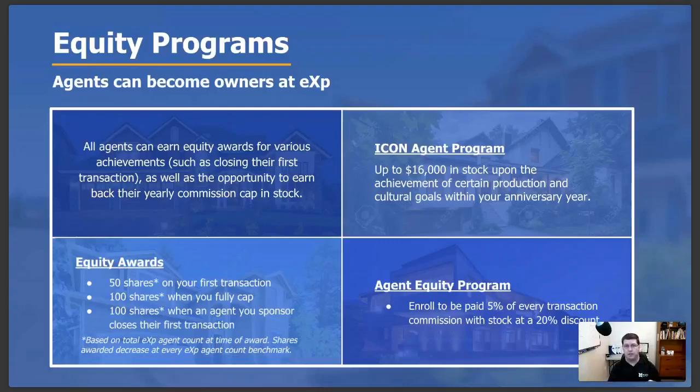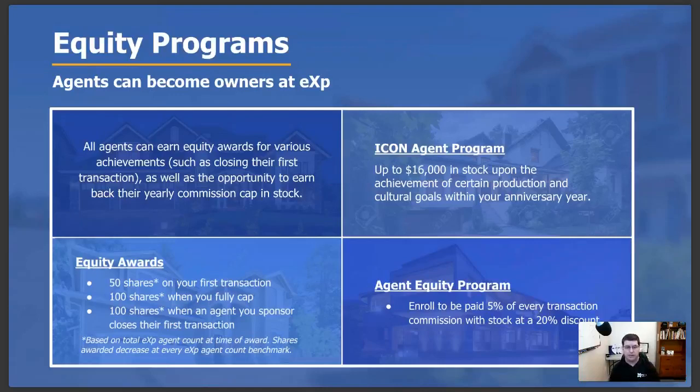And it's an opportunity to gain back in stock up to the amount that you have paid in company splits. So a fantastic opportunity there for anyone who is a top producer or wants to be a top producer. Great place to do it.